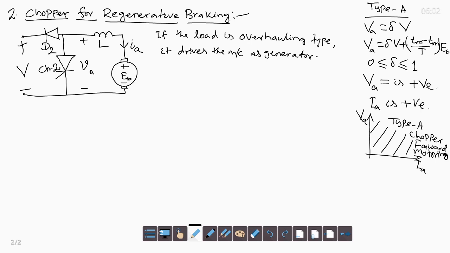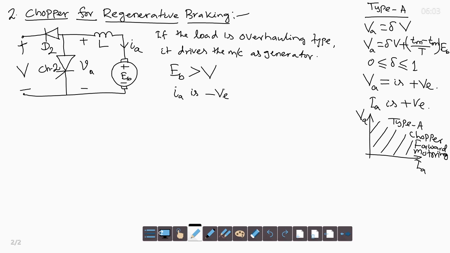In this case, as the machine is driven as a generator, you can always have motor back EMF EB greater than voltage V. So if EB is greater than V, the conventional current IA is negative, that means current flows in the opposite direction.